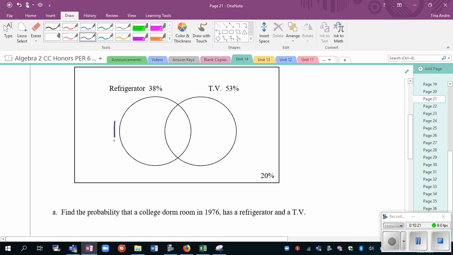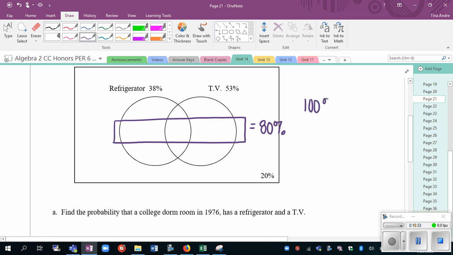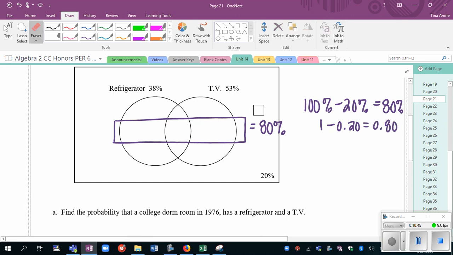So the numbers in here have to add to 80%, or 0.8, because 100% minus the 20% gives me 80%. Or you can think of this as 1 minus 0.2 gives me 0.8. So I could also call this 0.8.